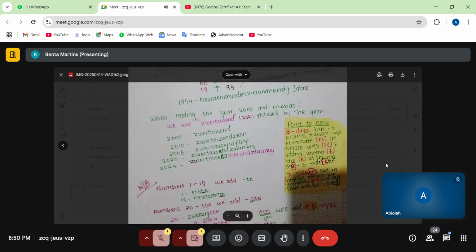So 3 in the cardinal numbers is drei. But when you're changing it to Ordinalzahlen, you eliminate the EI and replace it with IT, before adding TE.